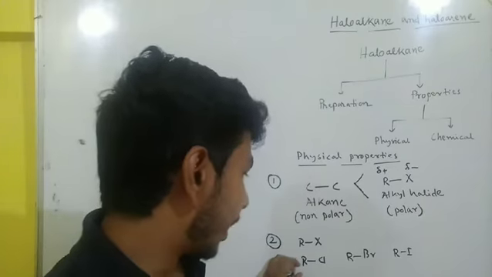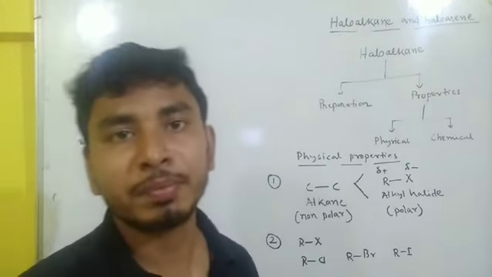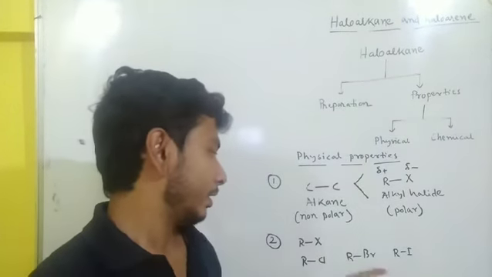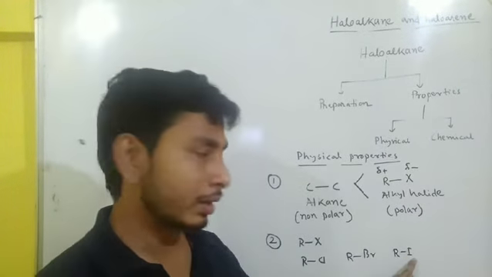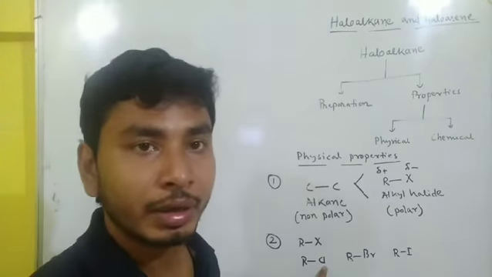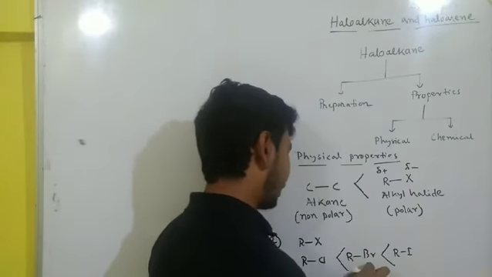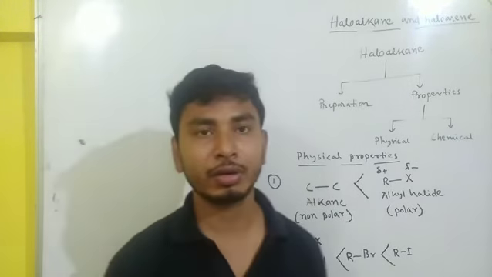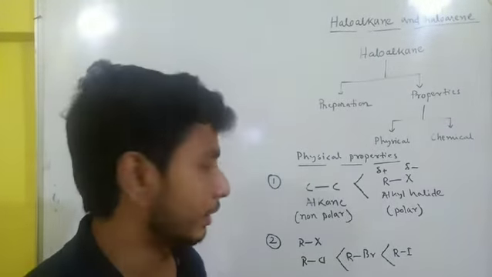If the alkyl group is the same and the difference is in the halogen part, then boiling point increases with increase in molecular mass.